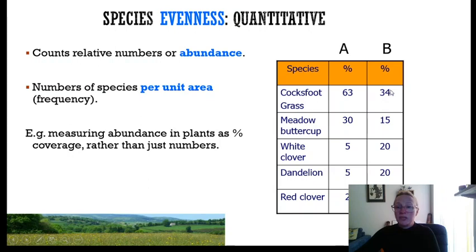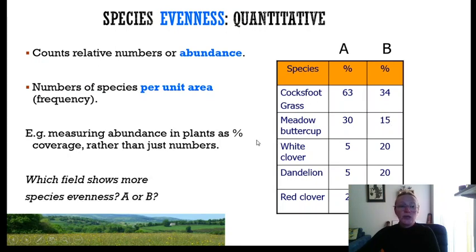Whereas in B, you can see that the organisms are much more evenly distributed. So looking at the evenness is a much better way of trying to ascertain the biodiversity of a particular area. But the best thing to do is to try and take into account both of those things.